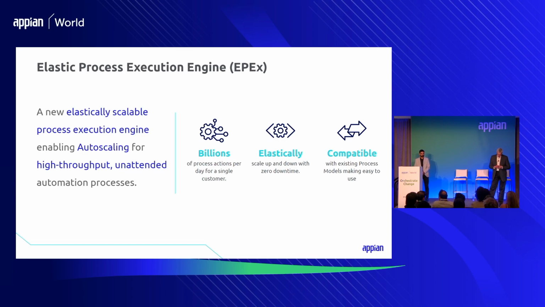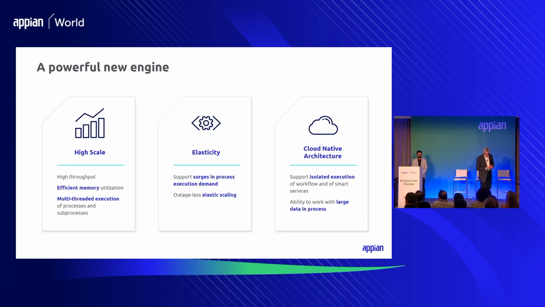All right, so the main point to take away from this slide is that autoscaling for process execution is a new mode of processing within the Appian platform, and it's powered by a new engine called EPEX. Now, for the technologists in the office, let me just say a few words about the engine. First, it's somewhat componentized in and of itself.